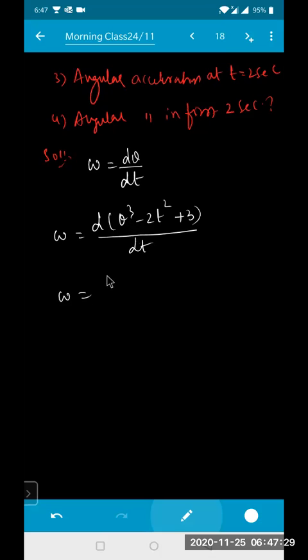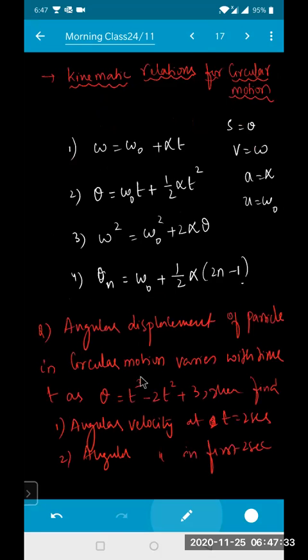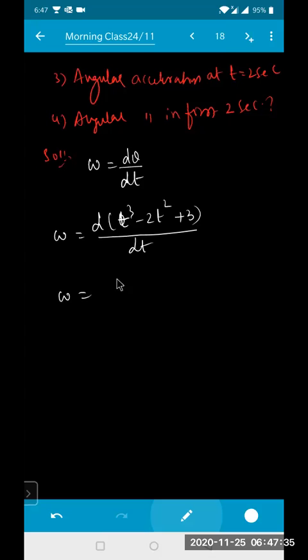Differentiation of t cube is 3t square, minus 2 times the differentiation of t square, which is 2t. Differentiation of 3 is 0. So omega is equal to 3t square minus 4t.